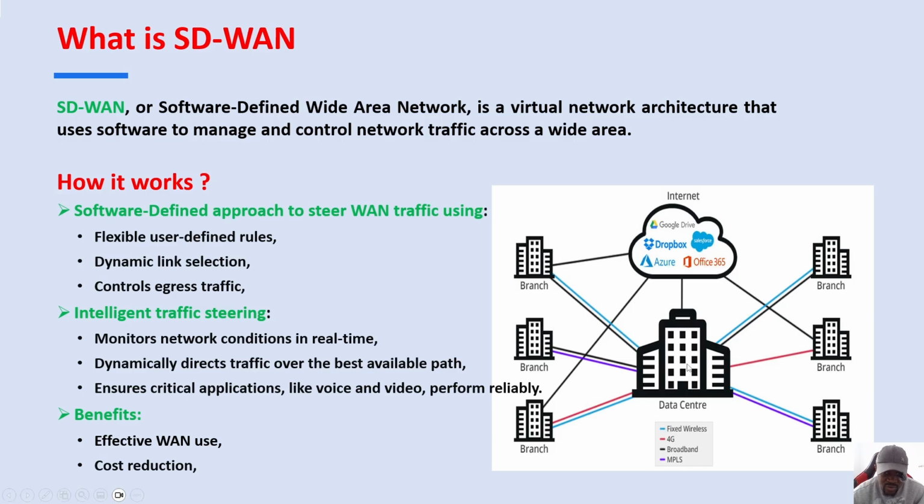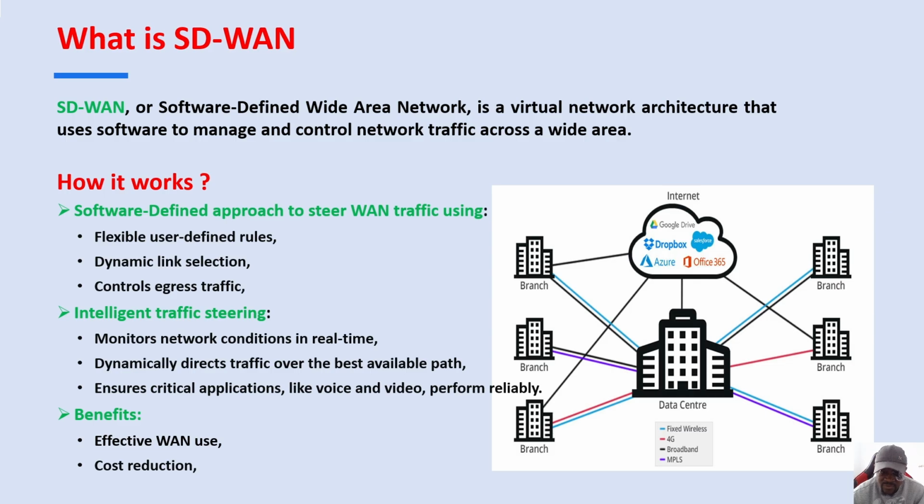The purpose of SD-WAN is also to ensure that critical applications like voice and video perform well, by redirecting those types of traffic to the link that has better performance. That's how the software part of SD-WAN works to steer traffic intelligently.